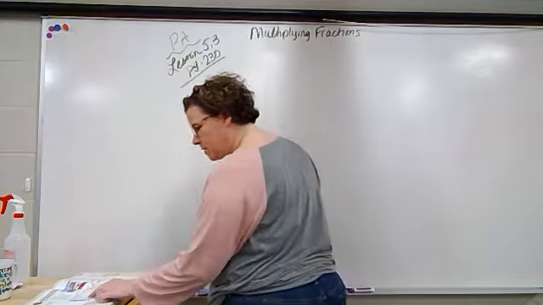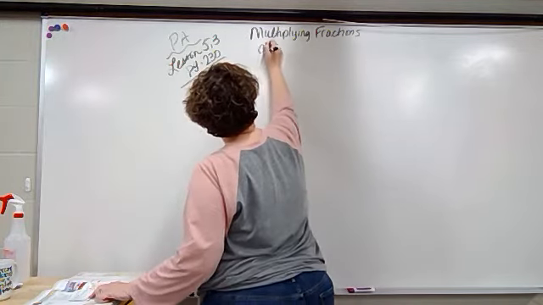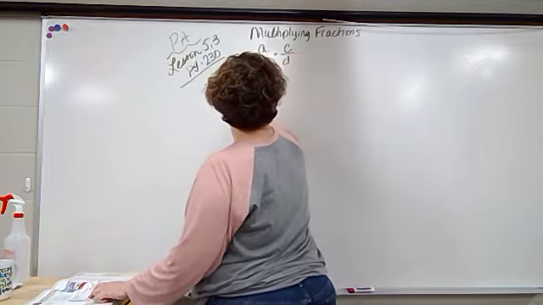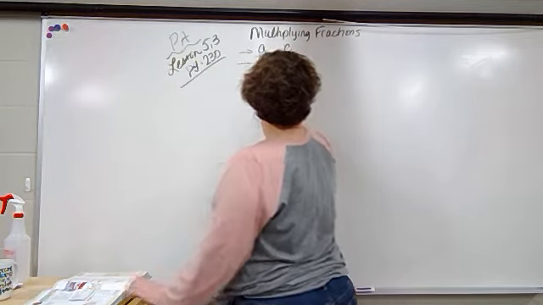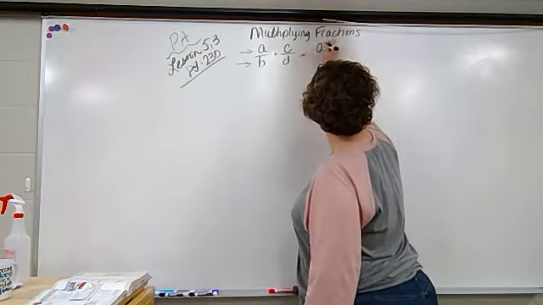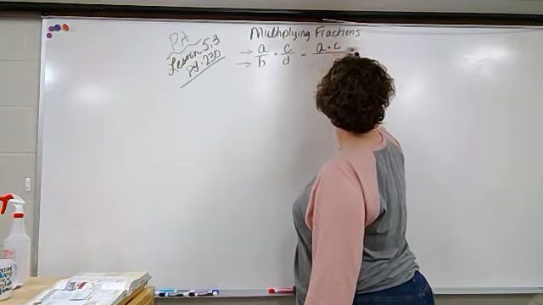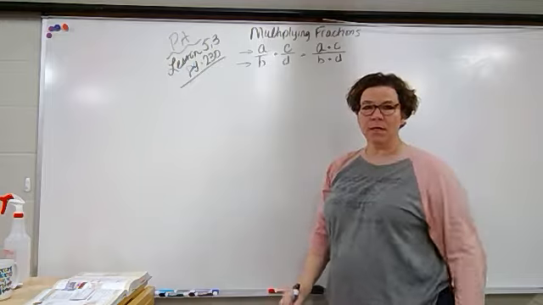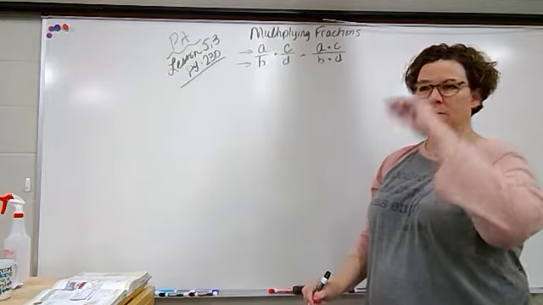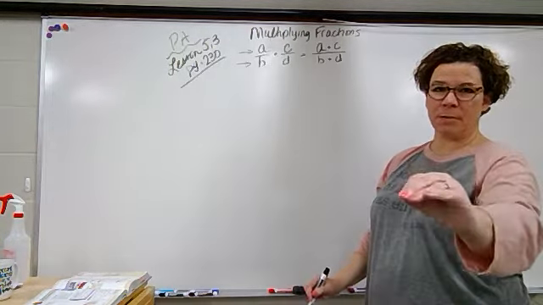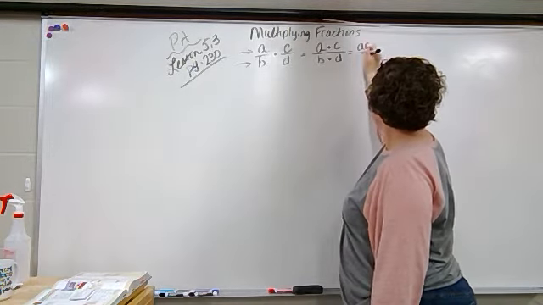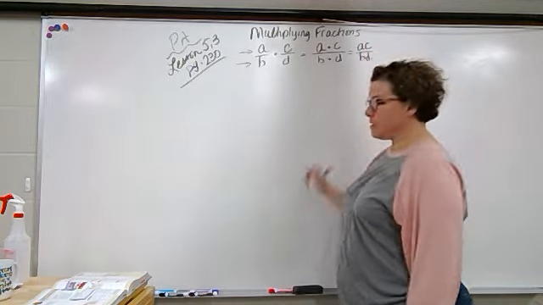So if I've got two fractions, a over b times c over d, I'm going to go straight across and multiply my numerators, a times c over b times d. Numerators straight across, denominators straight across. If there is any way that you can simplify AC over BD, then you should simplify.